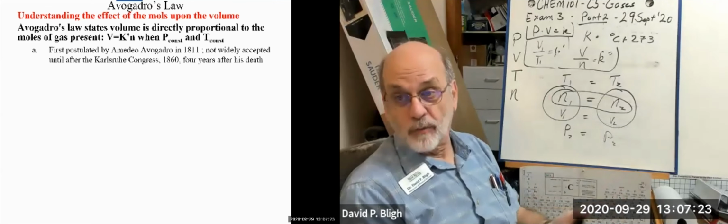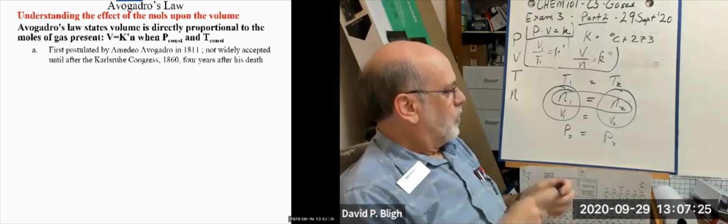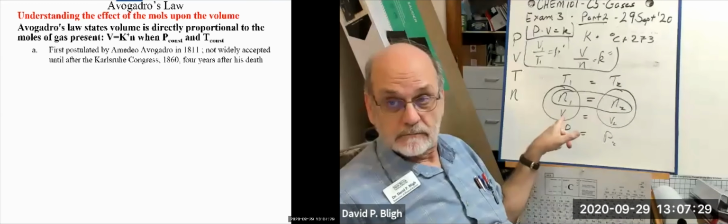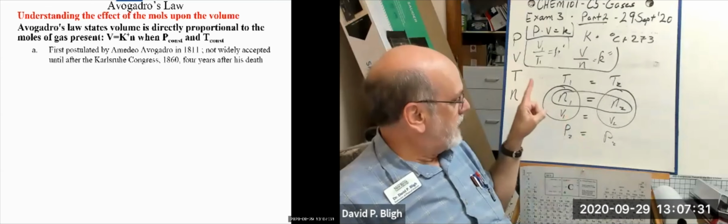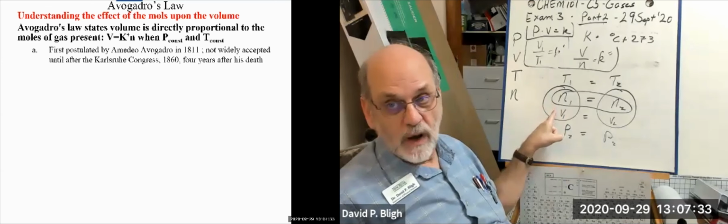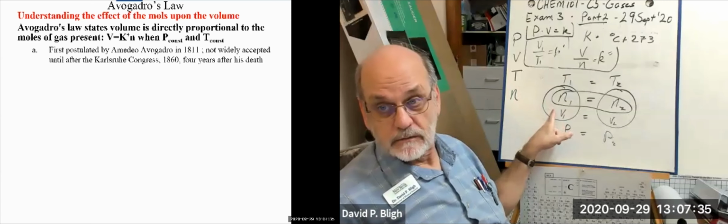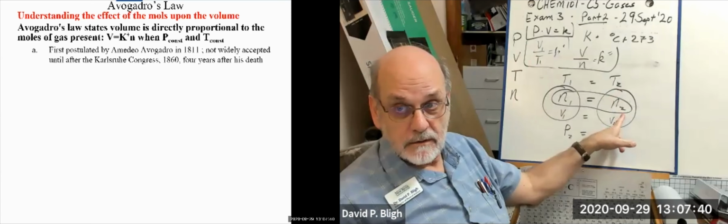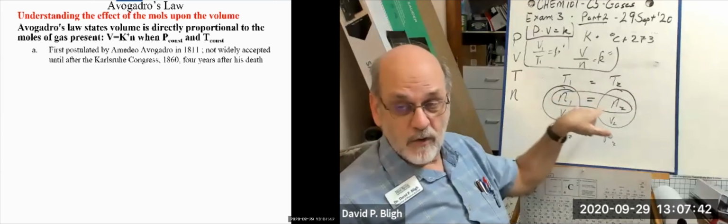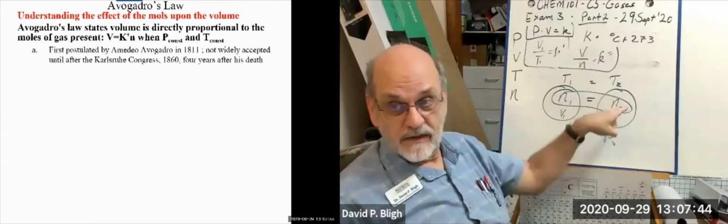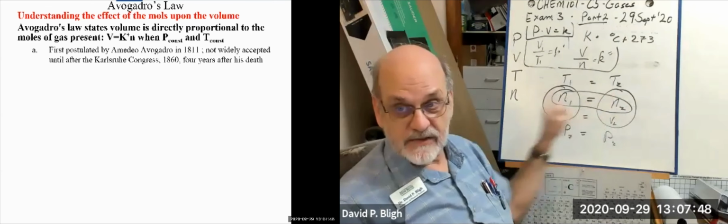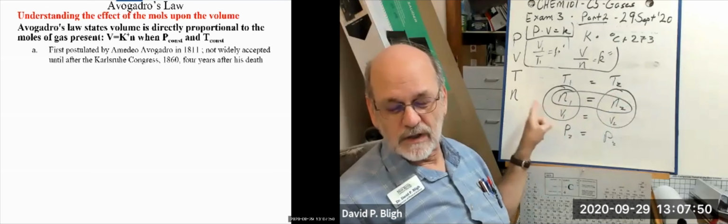Now, how did that solve problems? Well, if you have a different gas in each one, and this gas weighs 10 grams, but this gas weighs 20 grams, then if you have the same number of molecules in both sides, each molecule of this gas is twice as massive as every molecule in this one.